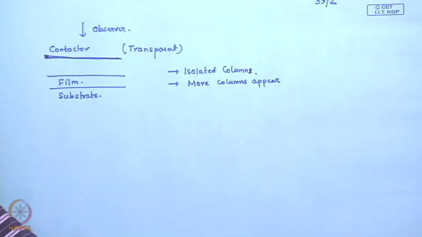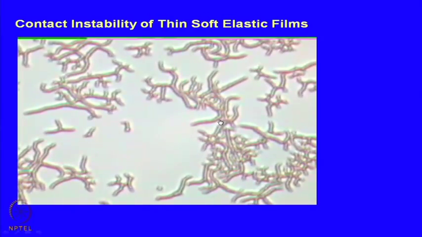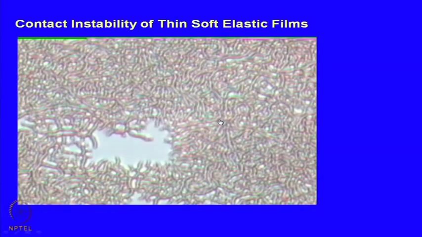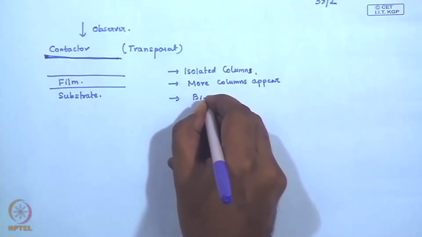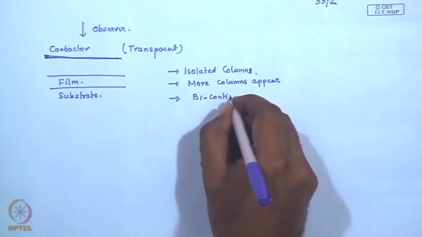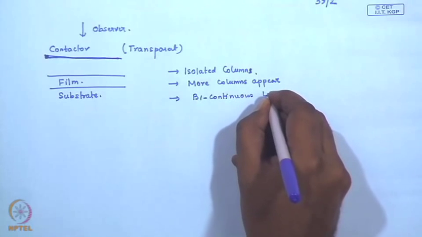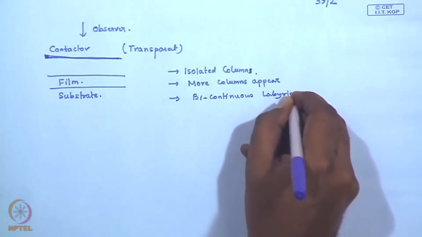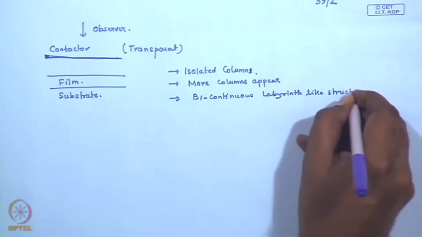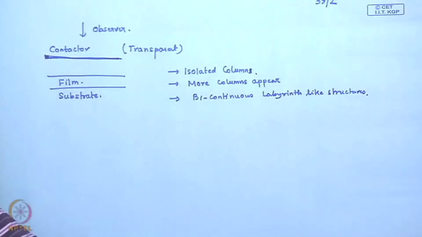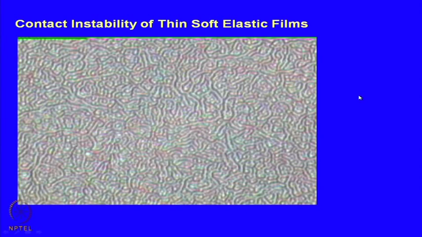Then if you allow further progress, you see that the columns are getting transformed into bicontinuous labyrinth like structures.